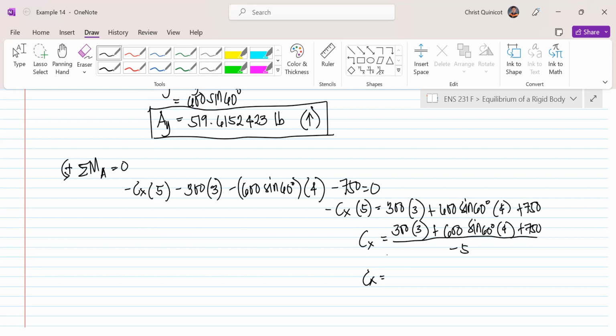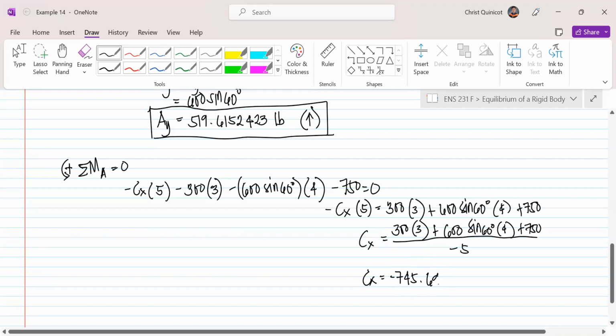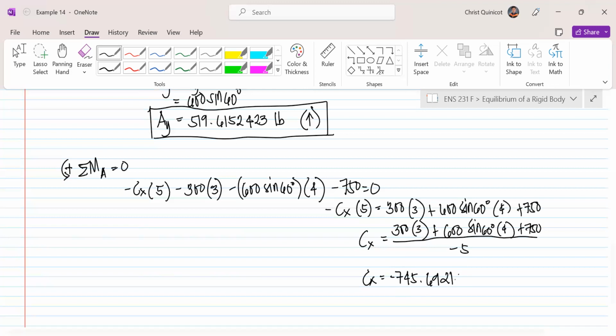That's 2,978.460969 plus 750. That's 3,728.460969 divided by 5, and that is C sub x, and it's negative, 745.692193 pounds.